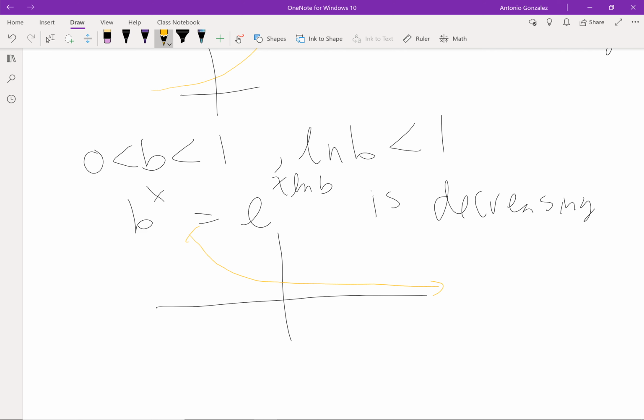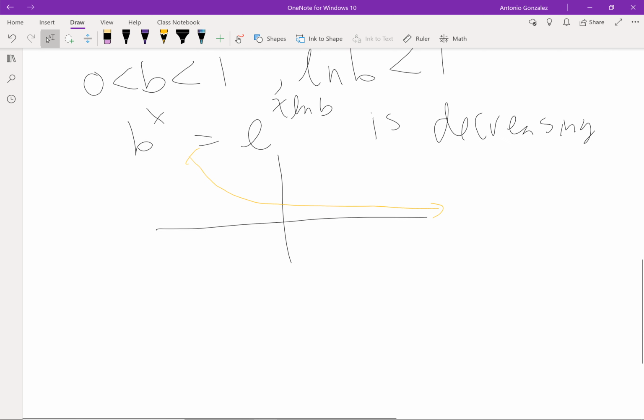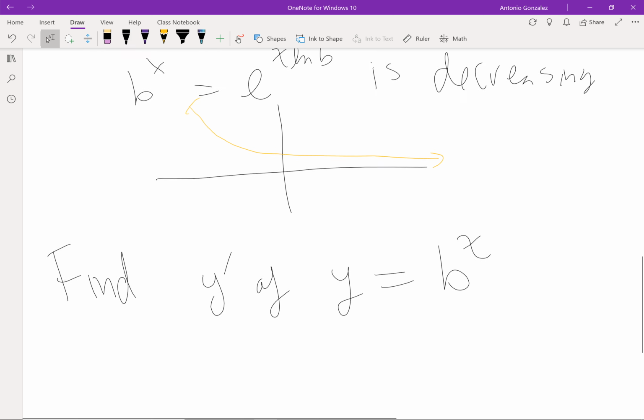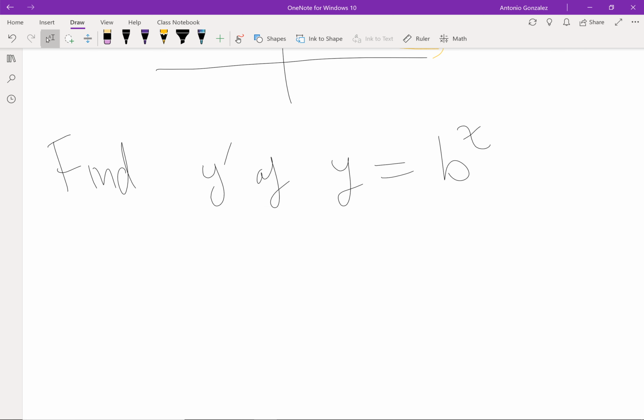Now let's take a look at some calculus. What is the derivative of an exponential? So let's take a look at finding the derivative of this.